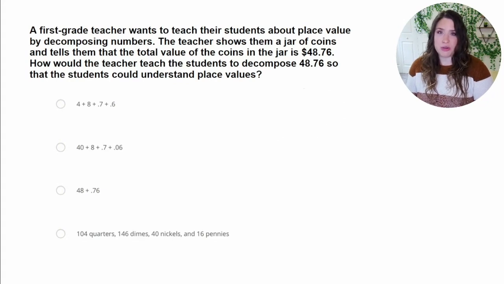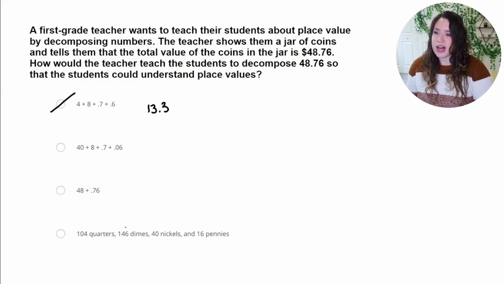So an important thing to remember when you're decomposing a number is that when you recompose it or add it together, it should give you the same value. So when we look at this first expression, while it has the right digits, if we were to add 4 plus 8 plus 0.7 plus 0.6, we would get, I believe, 13.3, which is definitely not 48.76. So that is not going to be the correct answer.